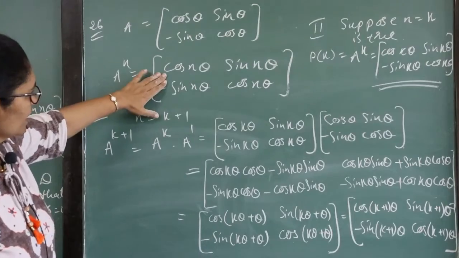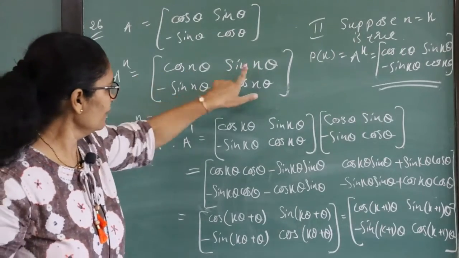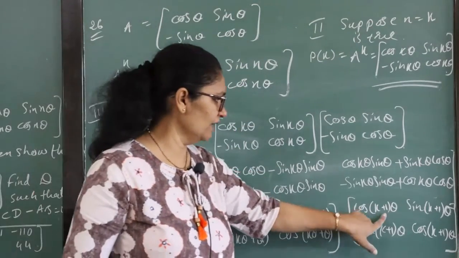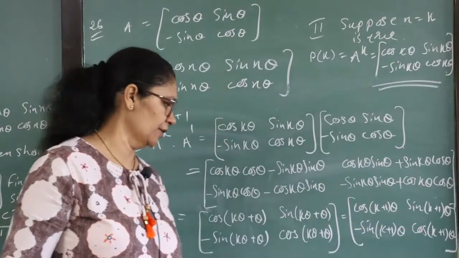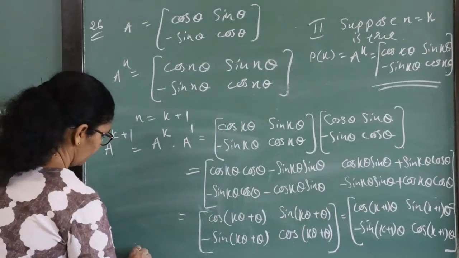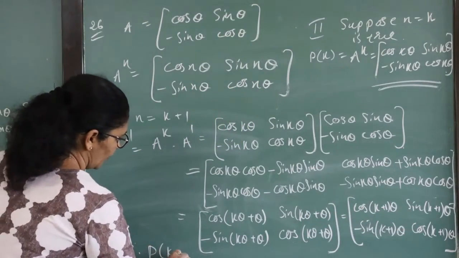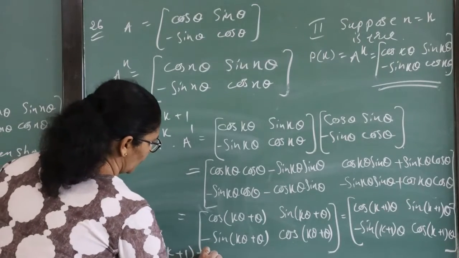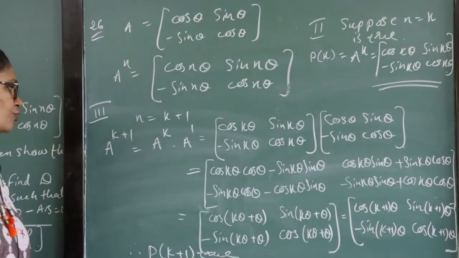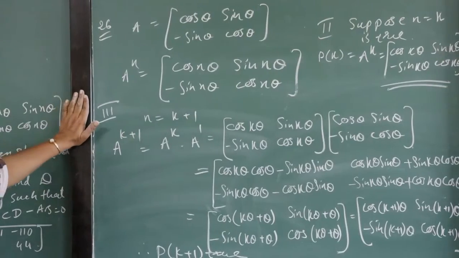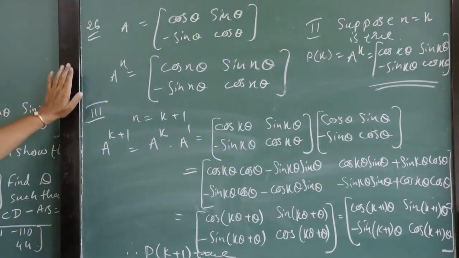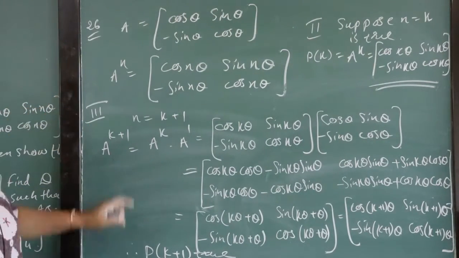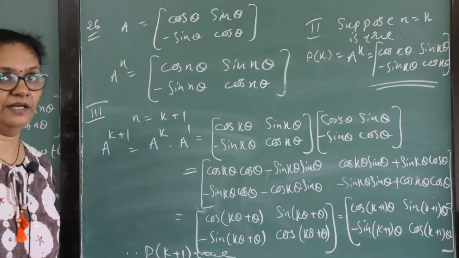Now you check in your answer that wherever we had n, we are getting k plus 1. So here we can write, therefore it is true for P of k plus 1, or you can say P of k plus 1 is true. So we have proved this 26th question by the principle of mathematical induction.